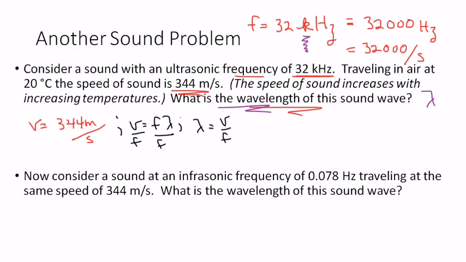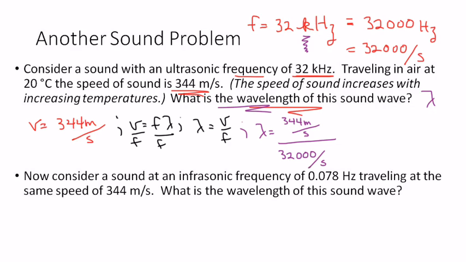Look okay? All right, so let's plug in. The wavelength here is equal to the velocity, 344 meters per second, divided by frequency, which was that big number, 32,000 per second.